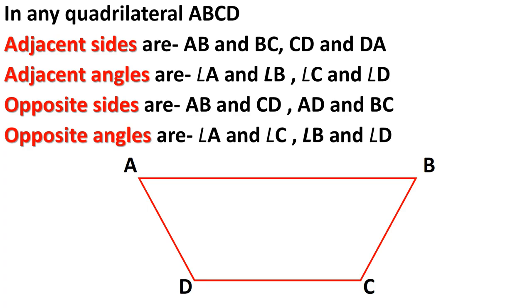Angle B and angle D is another pair of opposite angles. One more thing you should keep in mind while making any quadrilateral is that its name should always be in a cyclic manner.